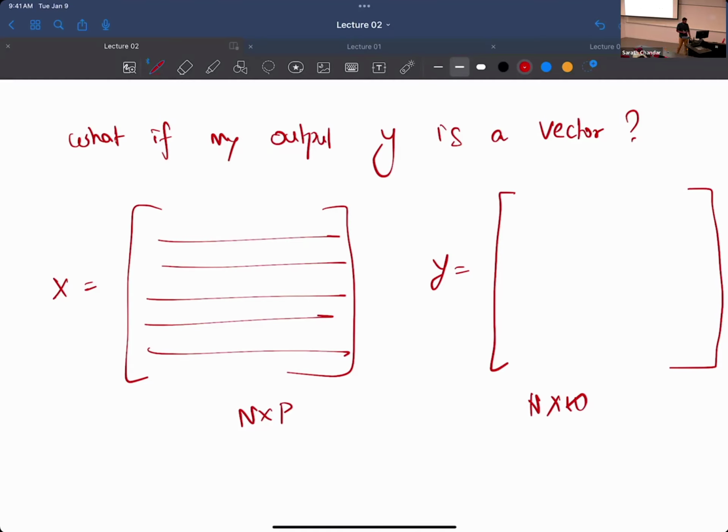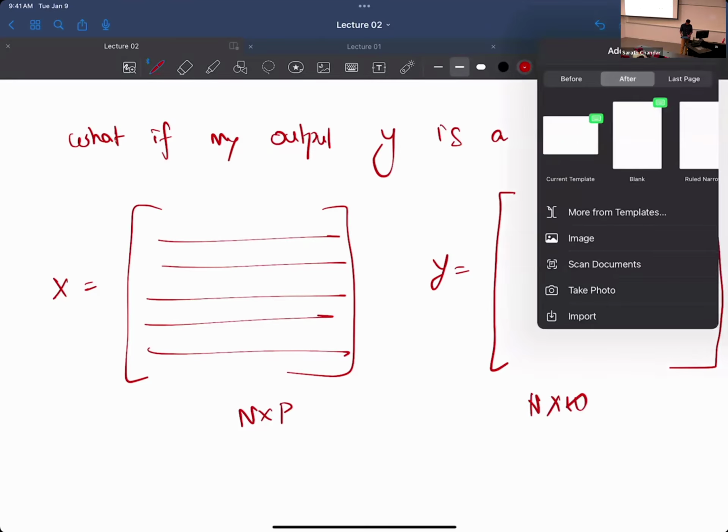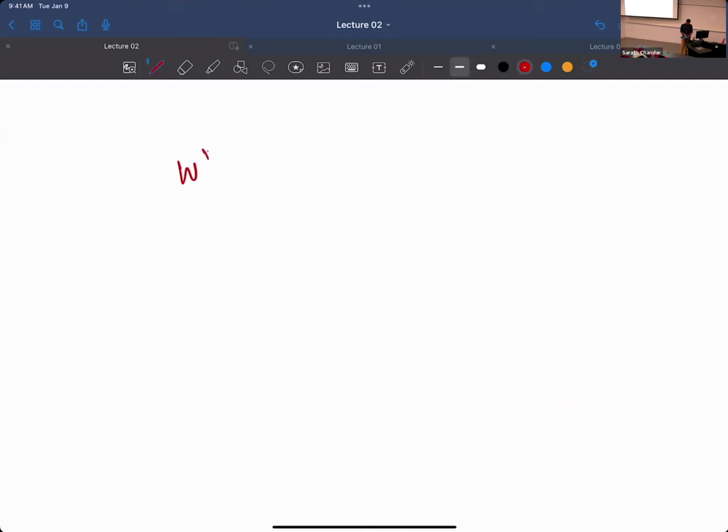Is that clear? Now, if we go back to the solution, right? Oh, now my W is going to be a matrix, not a vector. Okay, my W star is going to be (phi transpose phi) inverse phi transpose Y. Now, because Y is a matrix, this is also going to be a matrix.